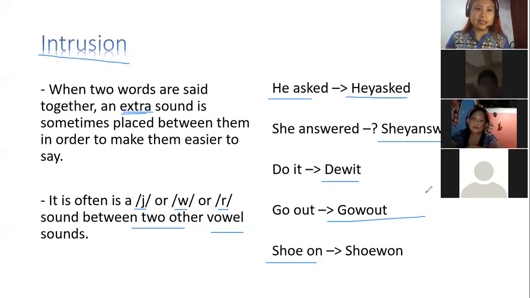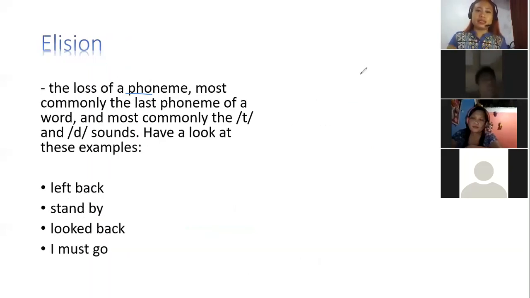Okay, next, elision. What is elision? Elision, the loss of a phoneme. Most commonly the last phoneme of a word, and most commonly the t and the d sound. Have a look at these examples. So it says that in elision there is a loss of a phoneme.